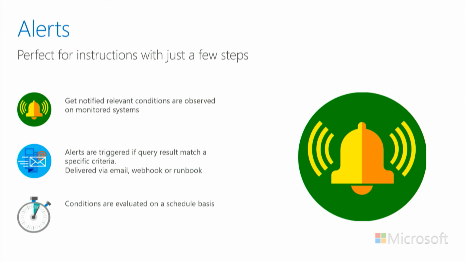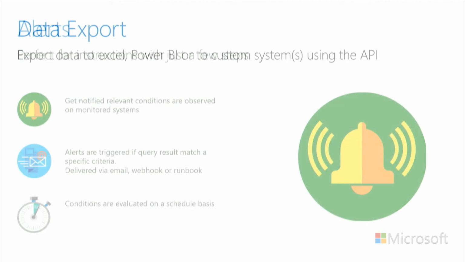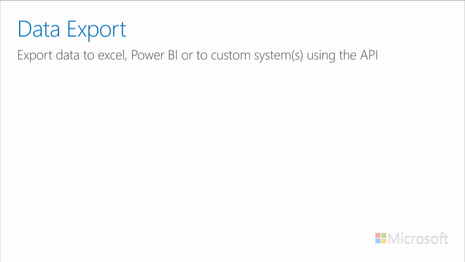For example, you can say that you want to run a query on a regular basis, and if this query has a certain number of results or a certain condition, you want to be notified of that occurrence. The conditions are evaluated on a schedule basis. You say how much time passes between them, and if you want, you can also export data to Excel, to Power BI, or even to custom systems using the API.